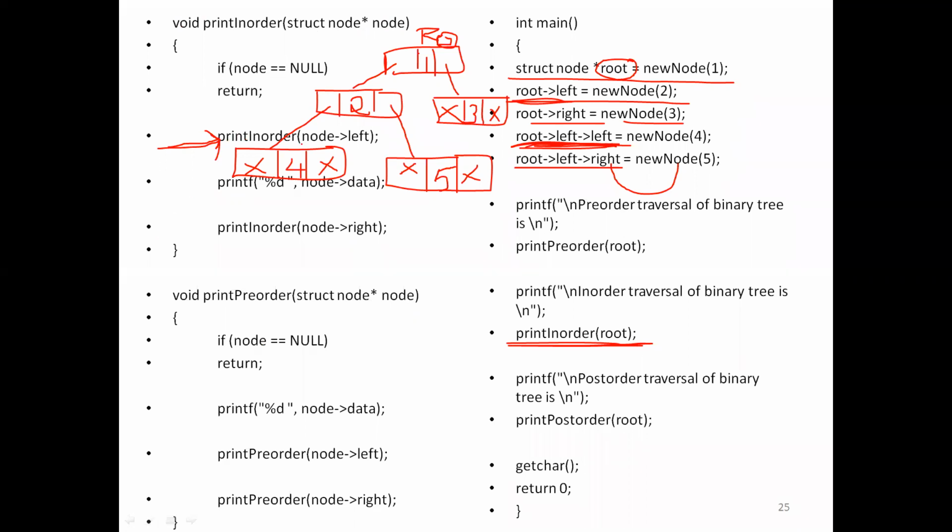The in order function first has node left, right? First I have to print the left subtree. That's why I'm pausing. Node left is nothing but what? Let me write the addresses. This is 100, this is 200, 300, 400, and this is 500.